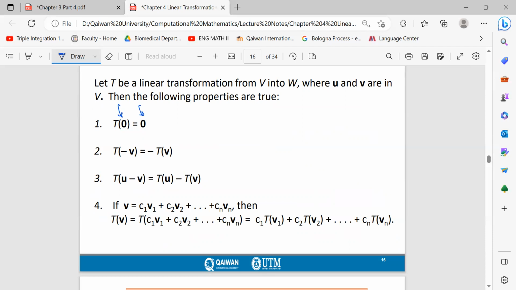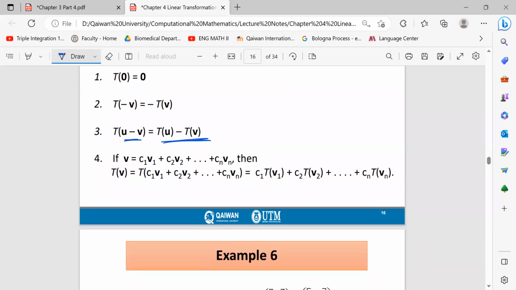So the image of the zero vector must be zero. That's the first property. Then T of negative V must equal minus T of V. It's like the scalar. T of U minus V is equal to T of U minus T of V. And if V is a linear combination of V1 up to Vn, then T of V is the image of all terms. It's easy.